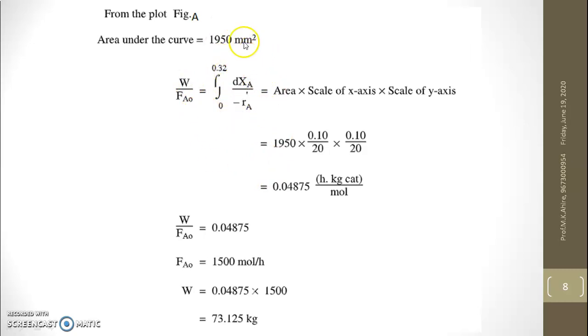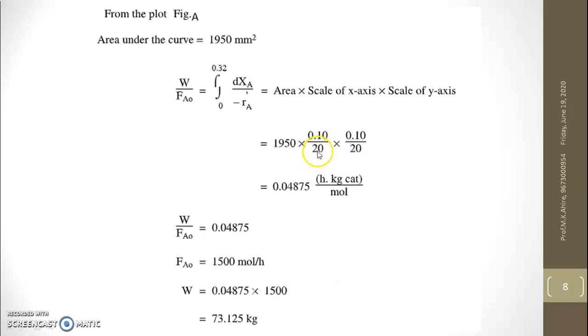How much area is it? It is 1950. We multiply it with the scale on x-axis and the scale on y-axis, and hence we get W upon FA0 as 0.04875. If you multiply with FA0, which is already given as 1500 mole per hour, W can be found, which is 73.125 kg. So finally we have got the weight of catalyst required.